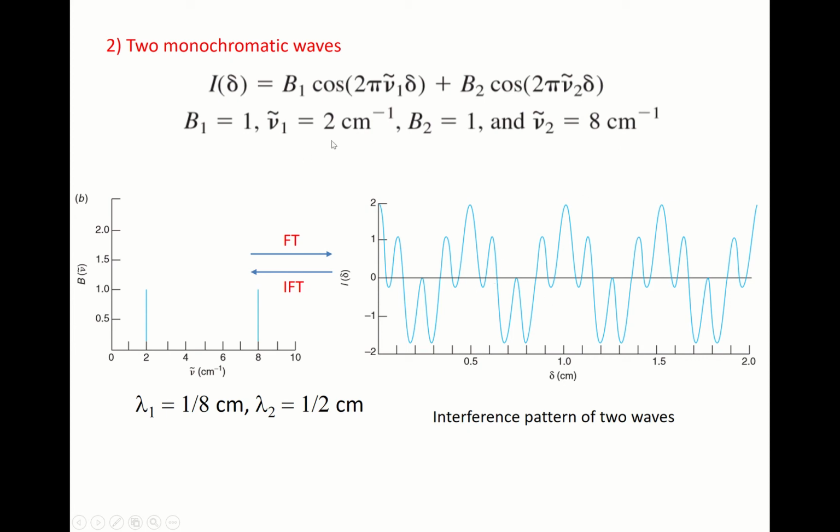Lambda 1 is 1 over 8 centimeter, and lambda 2 is 1 over 2 centimeter. This is also a simple illustration of FTIR, Fourier transformation and inverse Fourier transformation.